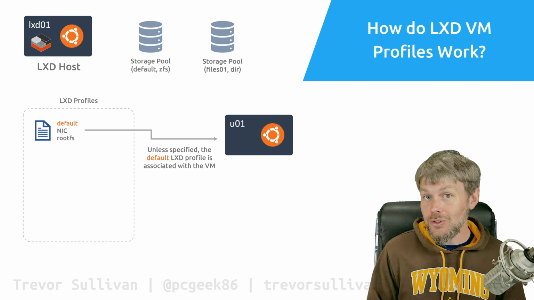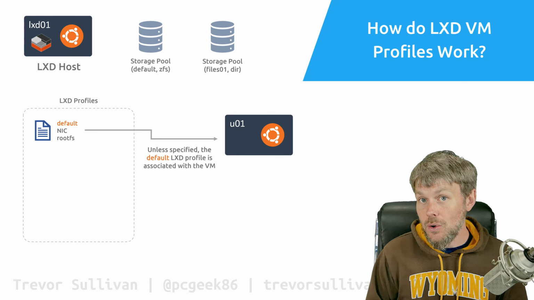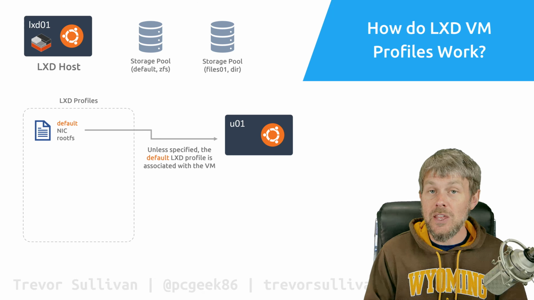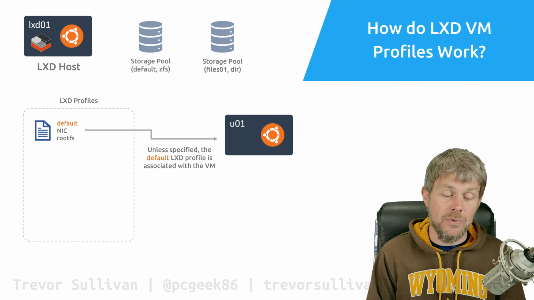In fact, in an earlier video, we talked about how the default size of the root file system for LXD virtual machines is 10 gigabytes. You're welcome to expand or decrease the size of the root file system if you'd like to, but that is the default configuration out of the box with LXD if you don't customize it any further.